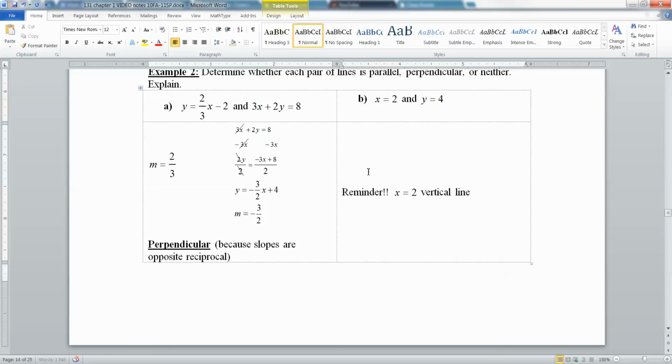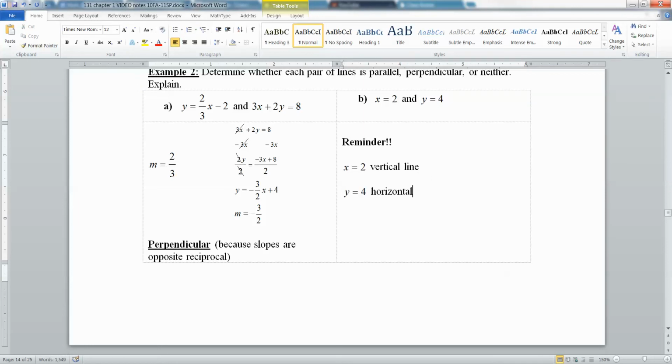And while we're on the subject, y equals 4 is a horizontal line, right?